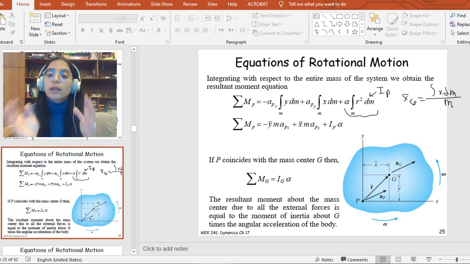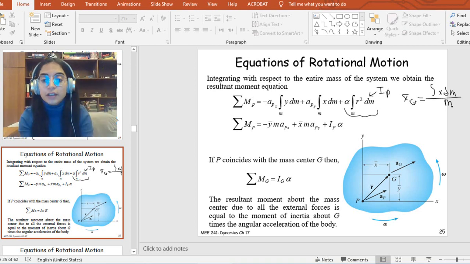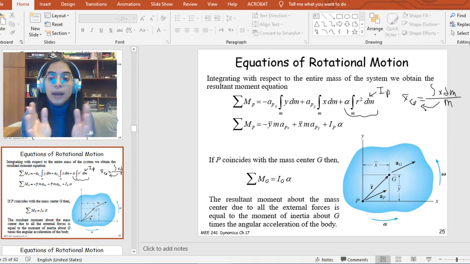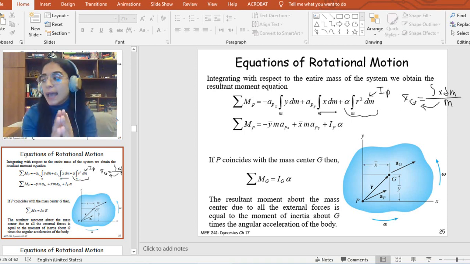And y bar G is also the integration of y dm over the whole mass m. And this means that I can substitute the integration of y dm by m times y bar, and this one by m times x bar.